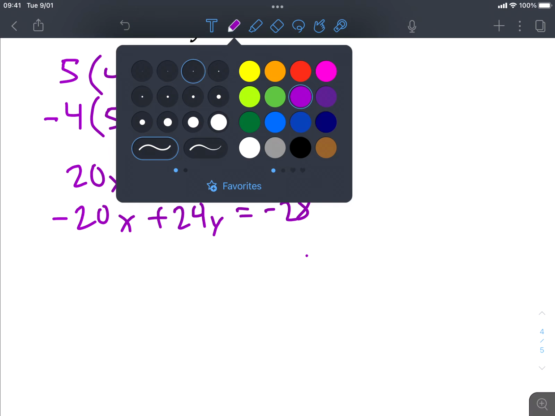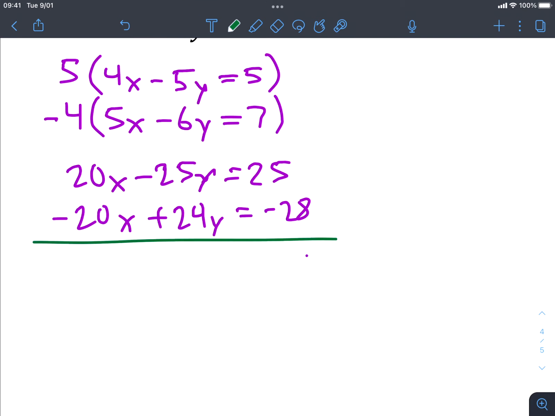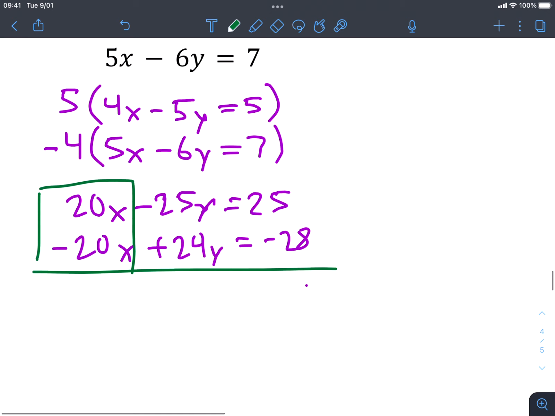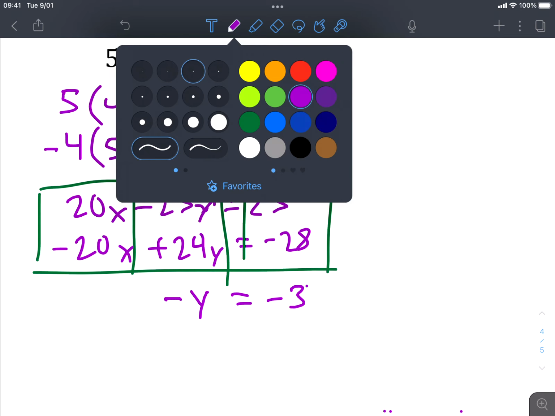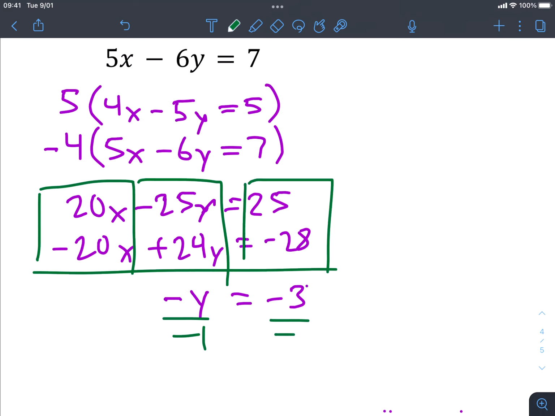Now I have a situation where I can cancel out the variables, well, one of the variables anyways. So the x's go away, and I get negative 25y plus 24y is equal to negative y, and 25 and negative 28 combine to become negative 3. And finally, I would divide by negative 1 on both sides. So y is equal to positive 3.